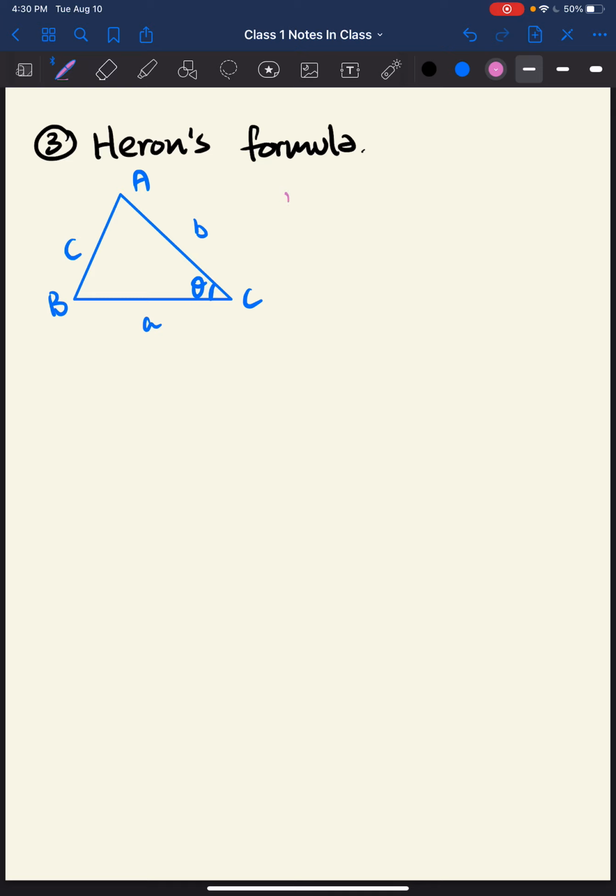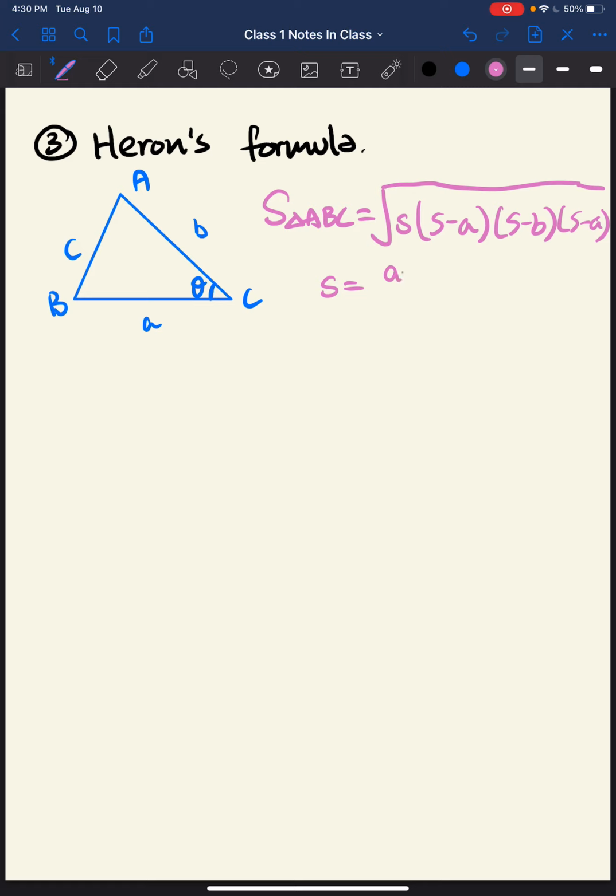So the area of triangle ABC will equal the square root of s times (s minus a) times (s minus b) times (s minus c), and s is a symbol for (a plus b plus c) over 2.